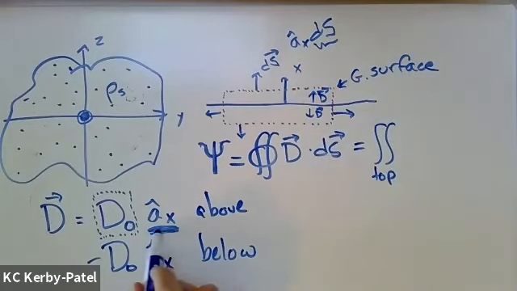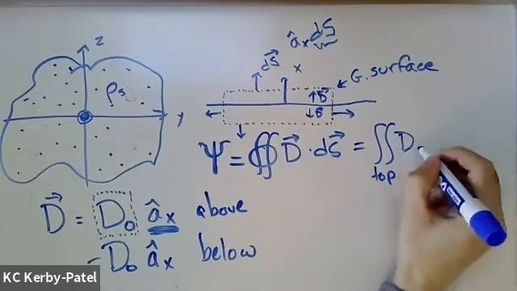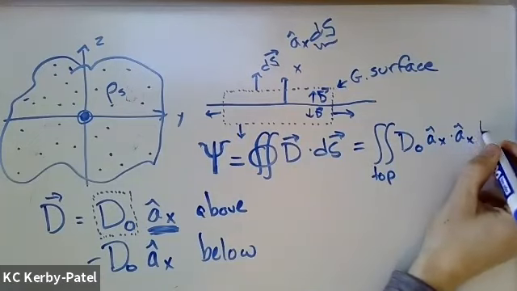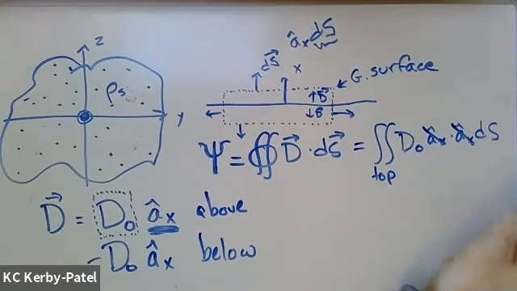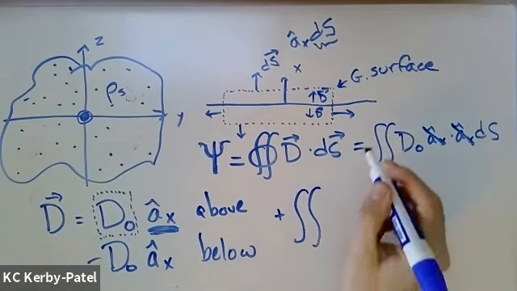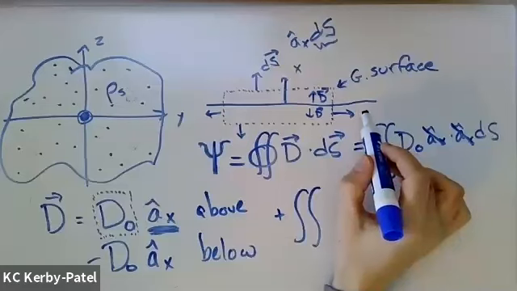And this is also x directed. So when I do that dot product, I have D naught a hat x dot a hat x dS. That dot product evaluates to 1 and I have D naught dS. Seems good. Then I have to add in the sides. Well, this one is an outside.